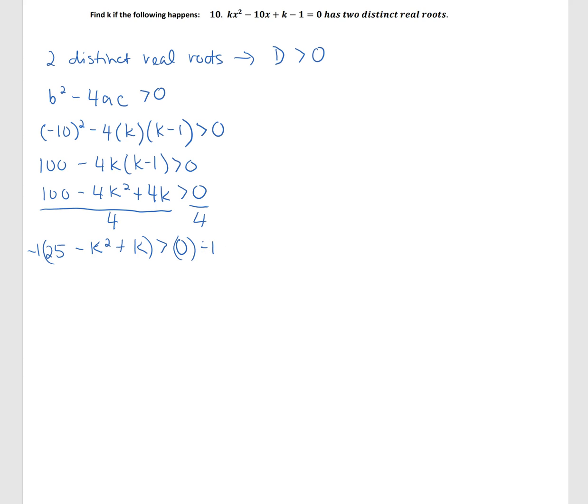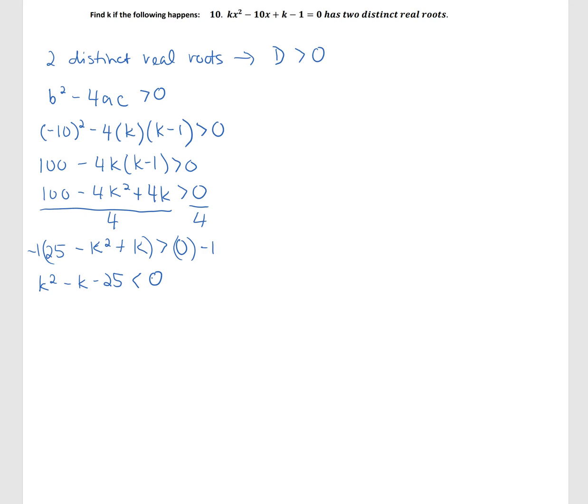And so on the left side, that gives me positive k squared minus k minus 25. And since I've been multiplying by a negative, I have to switch the direction of my inequality sign. So this is going to be less than, and 0 times negative 1 is just 0.